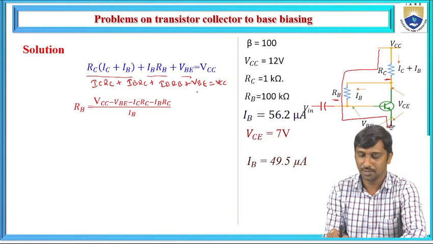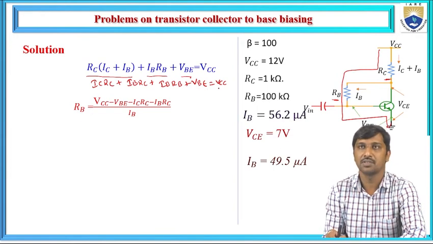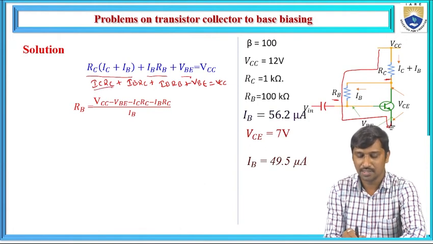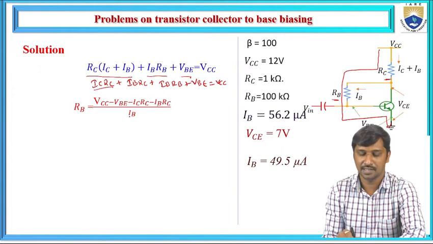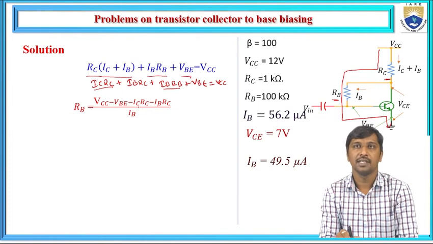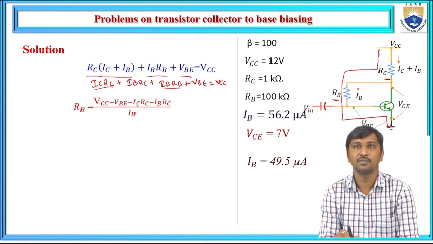So now I am going to calculate this RB. Taking the other terms outside, RB is equal to VCC minus VBE minus IC times RC minus IB times RC, and all of this is divided by IB. But here again one unknown parameter is there, the collector current. So we need to find out how much collector current flows with respect to the base current.